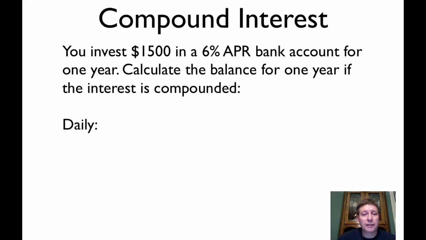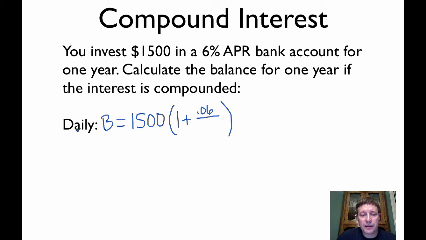Now we're going to compound it daily. So our balance is going to be the same sort of pattern. Hopefully we've been following the pattern. The balance is always going to be the principal times, and if you follow the pattern, it's 1 plus a fraction of 6%. What fraction is it?